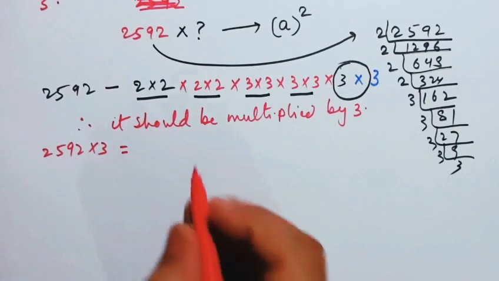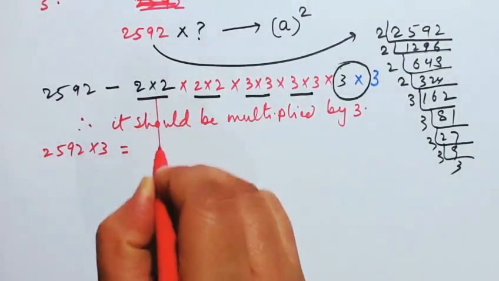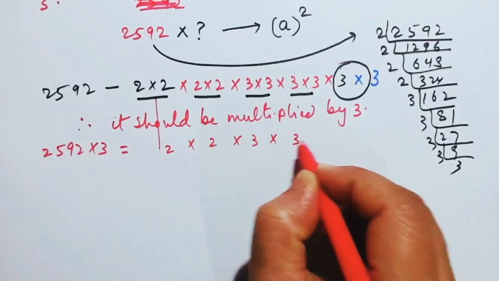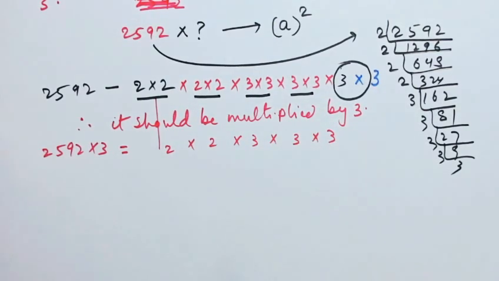So the square root of the new number will be, have a look, 2 times 2 times 2, and 3 times 3 times 3. And this will be equal to how much?